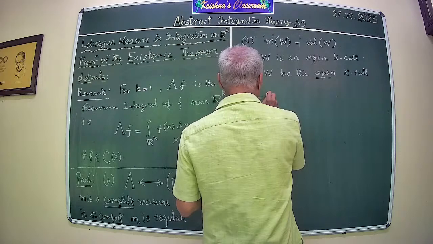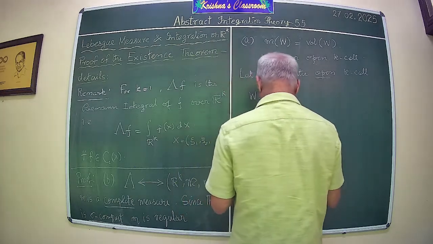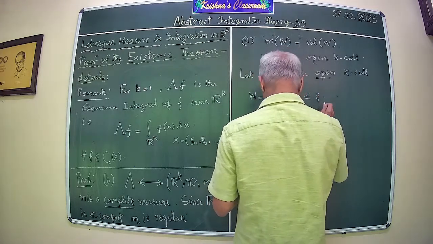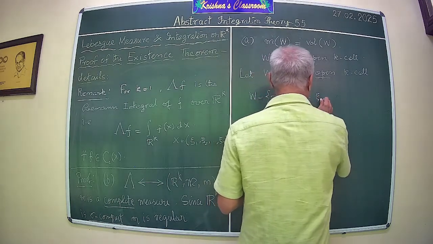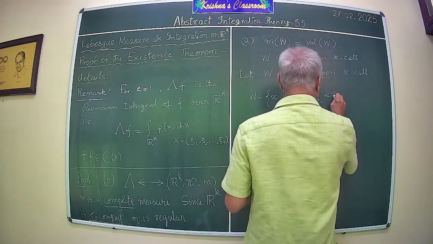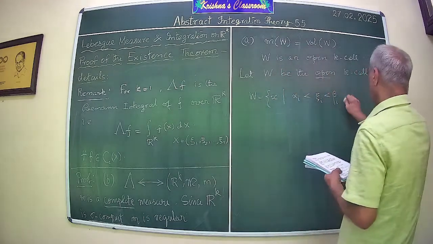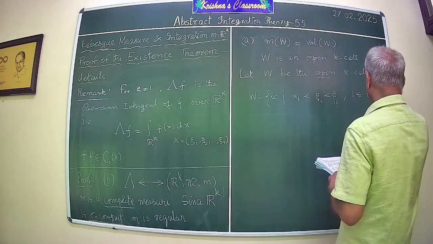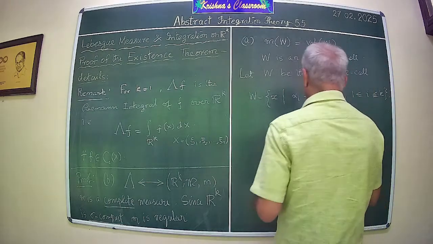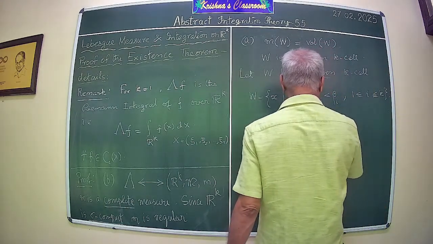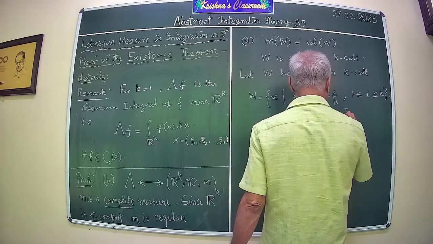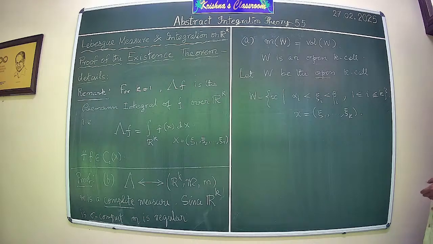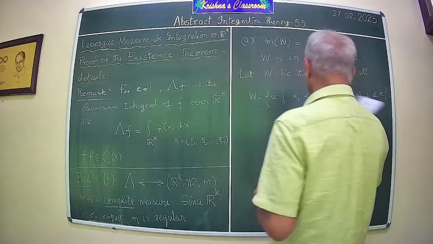W equal to X such that beta I for 1 less than or equal to I, where of course X is equal to, these are the variables or the components of vector X, which turns out to be the variable here.